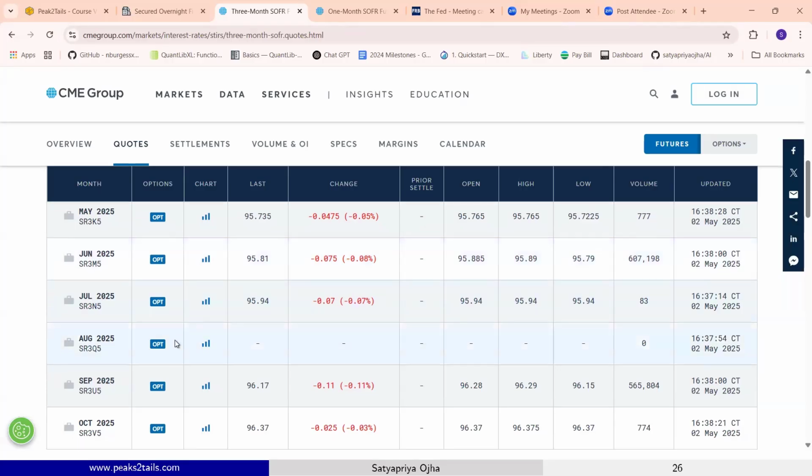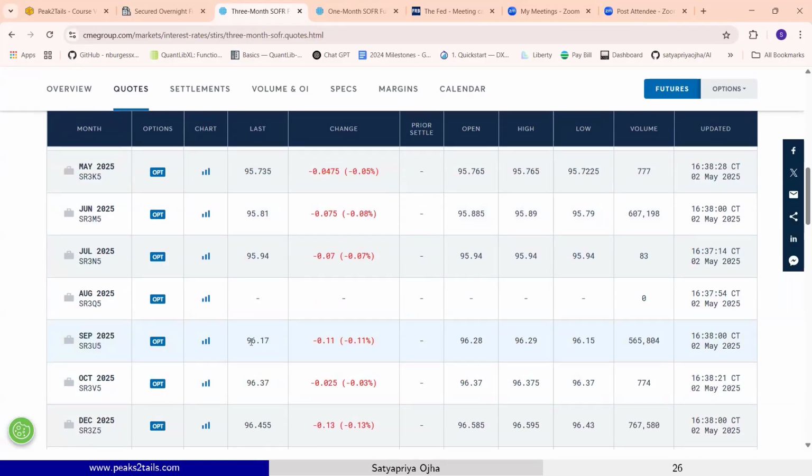Similarly, for the September future, the price is this. So what is the rate? The rate is 3.83%, I guess. 3.83% is the rate between September and December. Awesome, right?